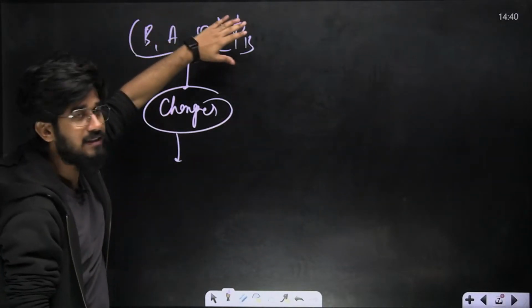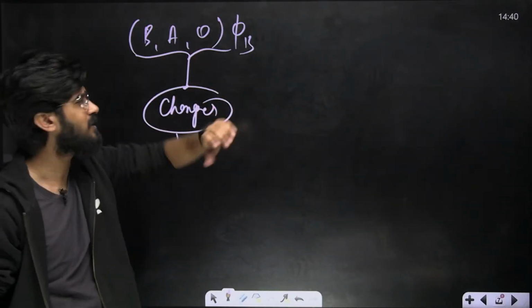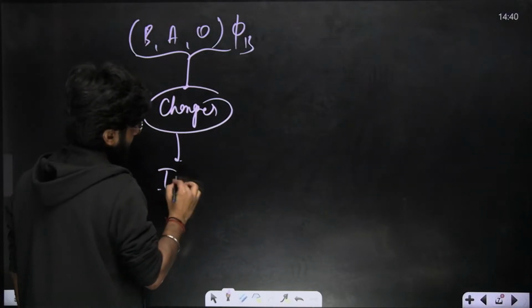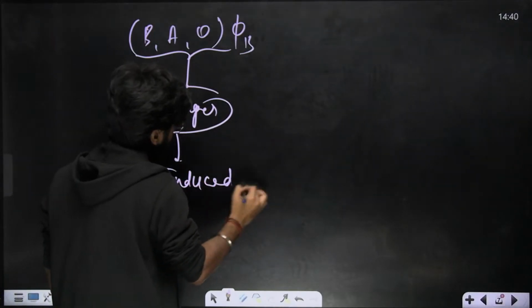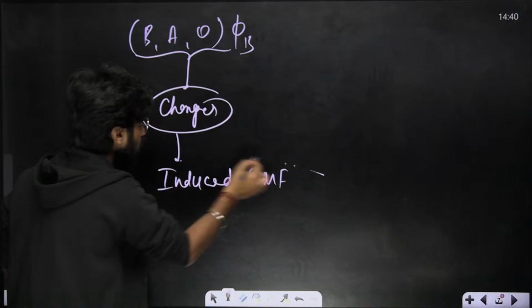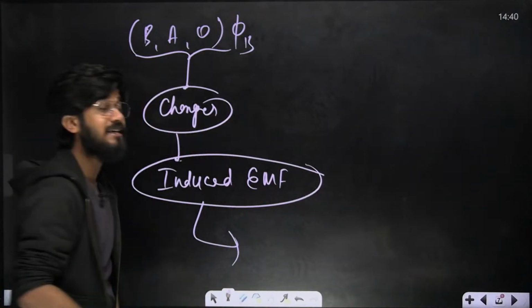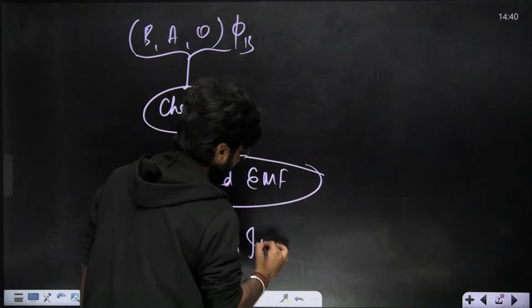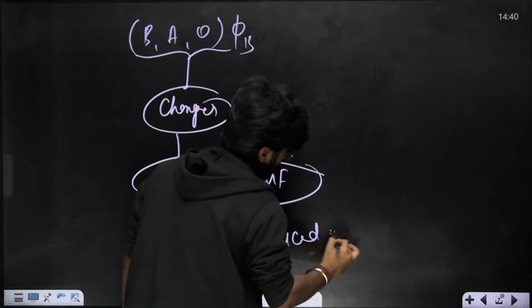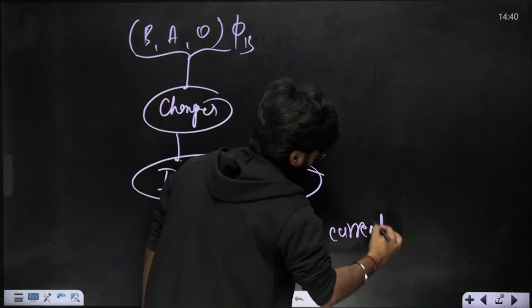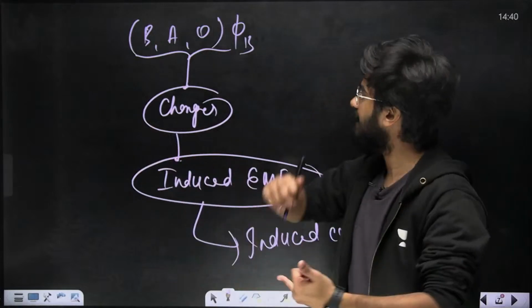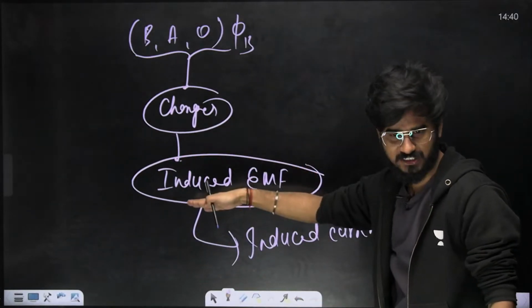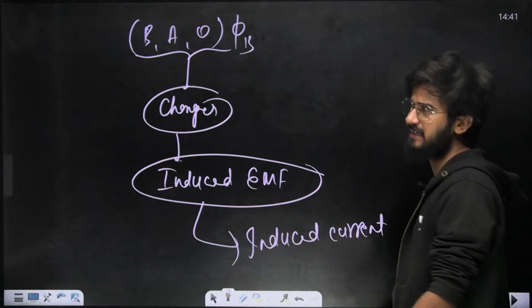So if any one of these three quantities changes, then there is an induced EMF. And because of that induced EMF, there is a current which is called induced current. So just keep this in mind, that if B, A or theta, any one of these quantities is changing, it means induced EMF is coming, and because of that induced current is coming.